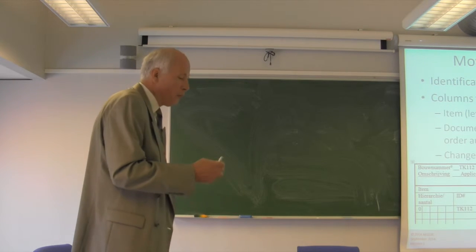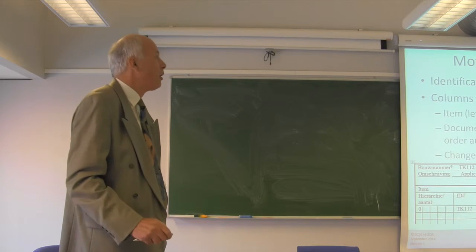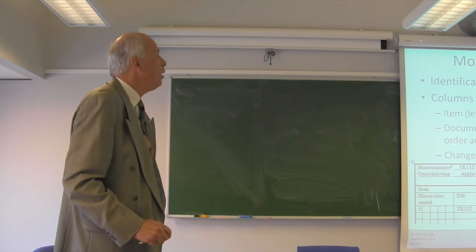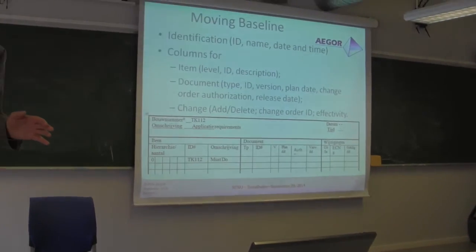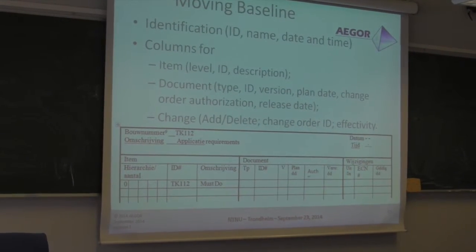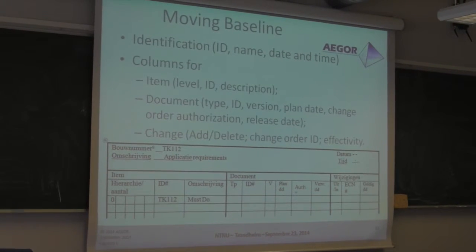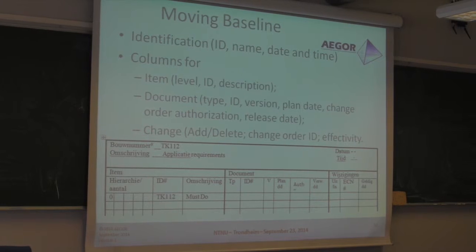CMT has the idea of only one moving baseline, and the moving is that for every document they put the planned data in the baseline, and also the release data. So you see, all documents have been identified before. They can be empty. What I told, the real content is never in the document.